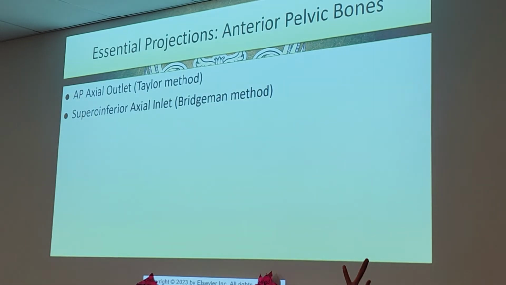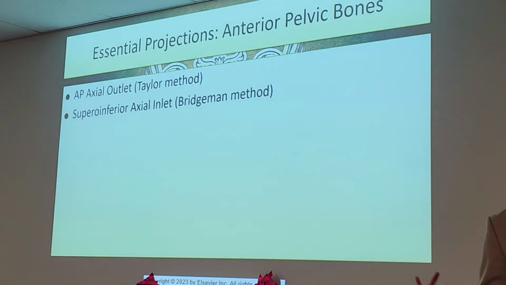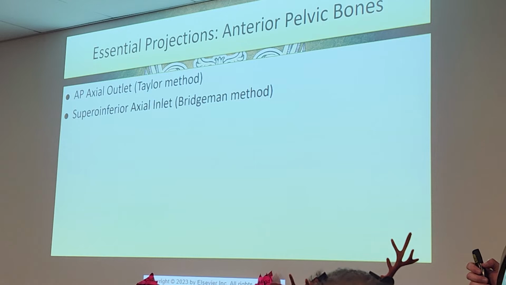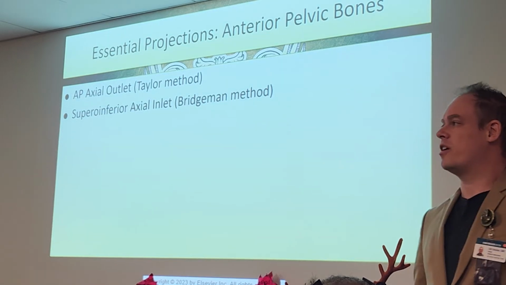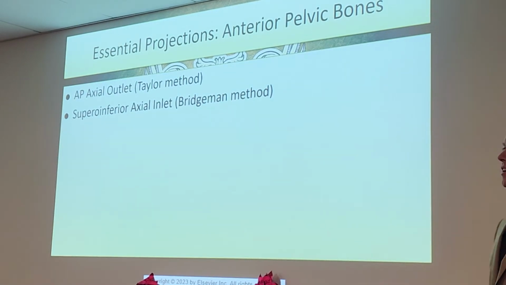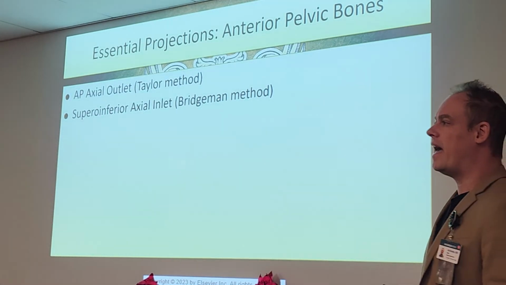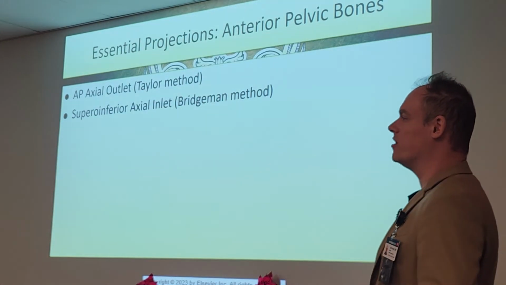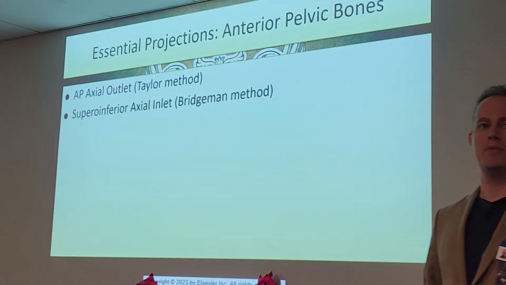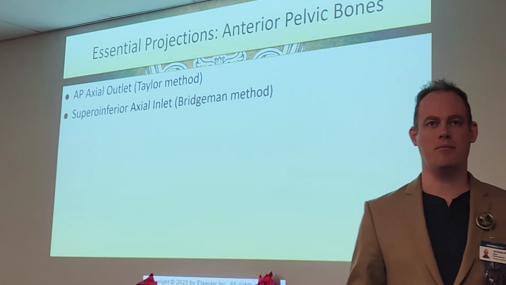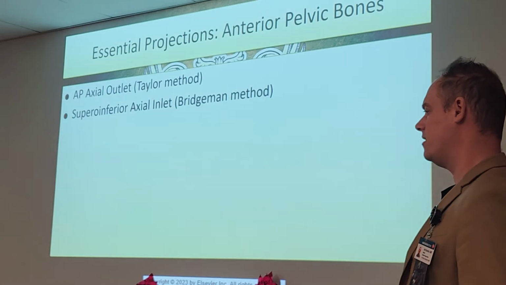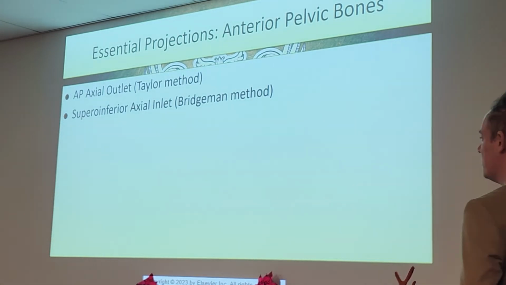In the foramen. All right, I think this is our last two views, guys. Last two ones. We have our inlet and outlet views. This is where we're going to be looking at the anterior pelvic bones. We look at the outlet and the inlet portions of the pelvis specifically. The AP axial outlet will be what we call the Taylor method, and then the superior-inferior axial inlet method will be the Bridgman method. Taylor versus Bridgman.